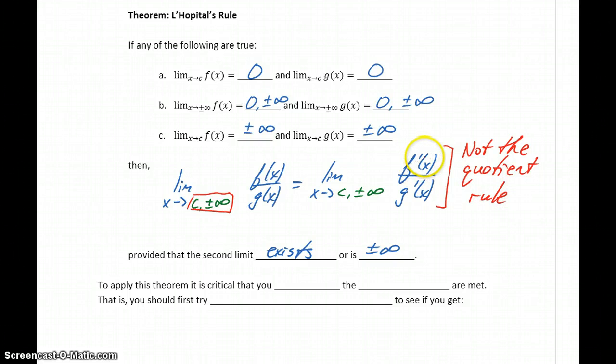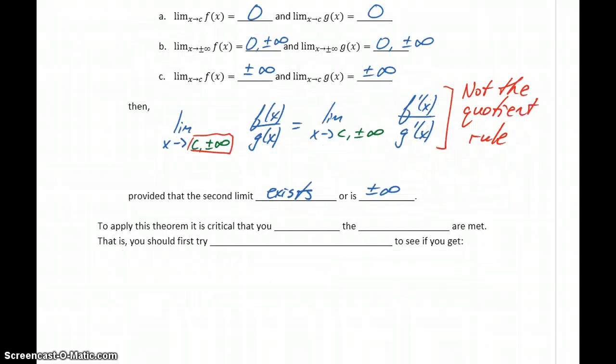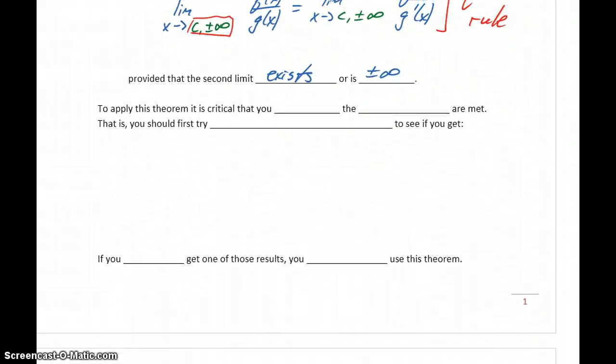So what we're actually just doing is taking the derivative of the function that was in the numerator and just copying that over, the derivative of the function that was in the denominator and carrying that over. So as long as these conditions are met, we can make use of L'Hopital's rule to hopefully more quickly find the limit of this function. So again, to apply this theorem, it's going to be critical that we verify the assumptions.